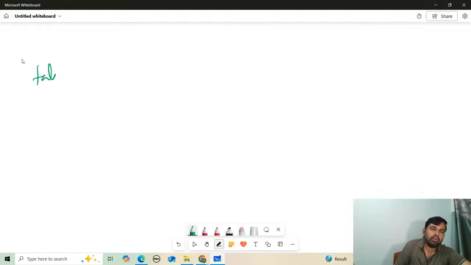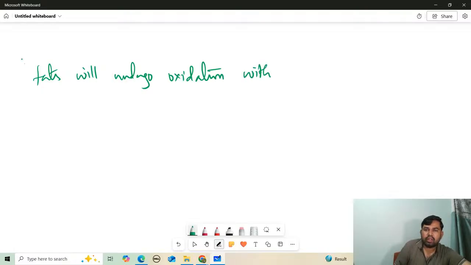So fats will undergo oxidation with the air.